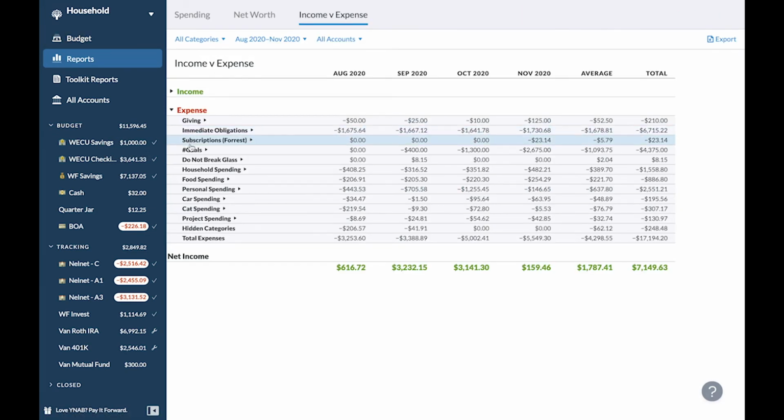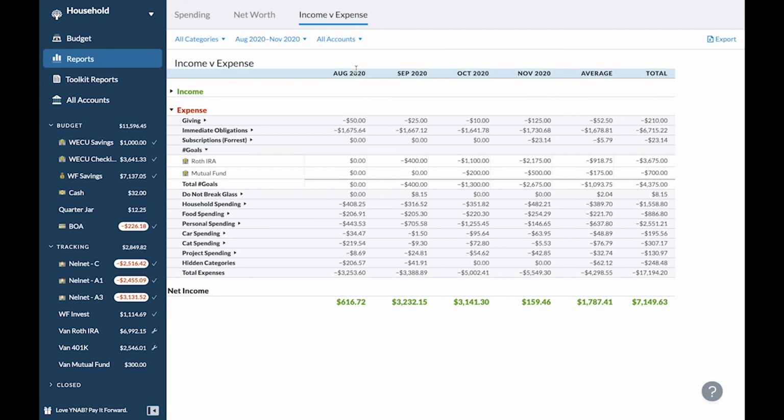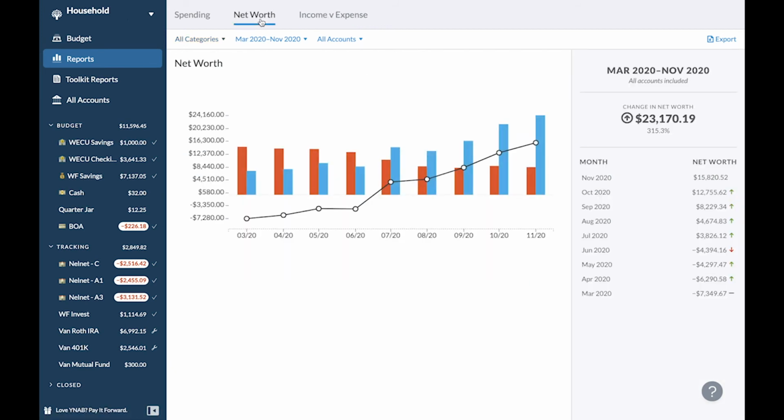I will just look at the goals and I'll look at them from August to November, and you'll see that my Roth IRA became a huge priority, and so did my mutual fund investing, which leads to my net worth, which is just increasing so much. You can see this big jump is when my unemployment kicked in.